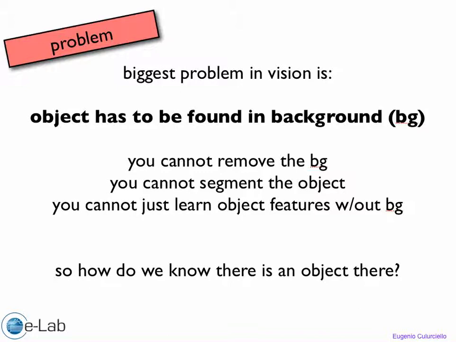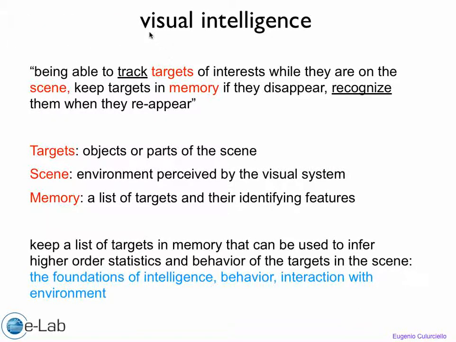The biggest problem of vision, really, if I think about all of its components, is the following. Many people might agree with me that the object has to be found in the background at all times in order for us to be able to reproduce part of our agenda, which is this visual intelligence, being able to track targets of interest while they are on the scene.